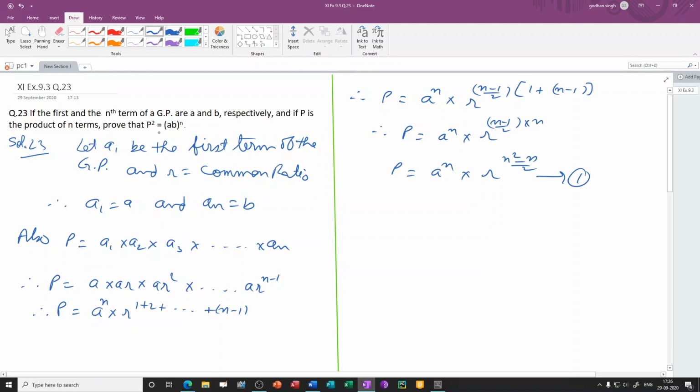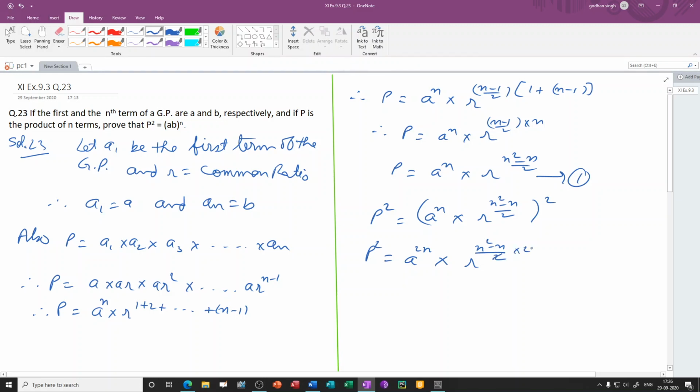And further, what is given to us is P is the product of n terms, prove that P square. So P equal to A raised to n into R raised to n square minus n over 2, and we'll do the square of this, so P square equal to A raised to 2n into R raised to n square minus n over 2 into 2.